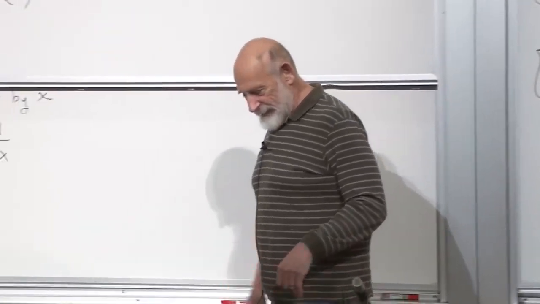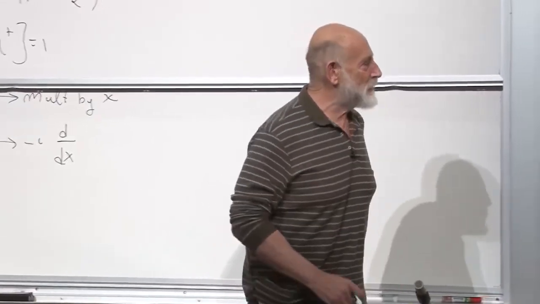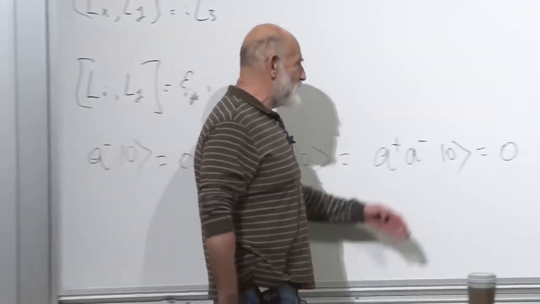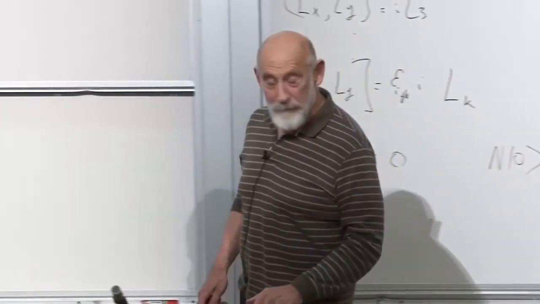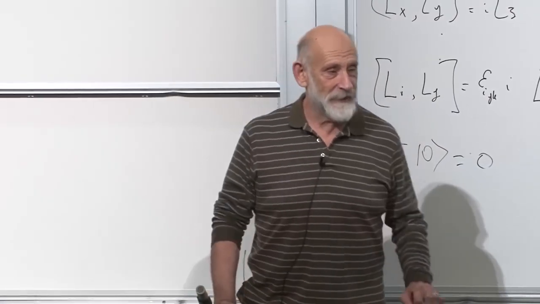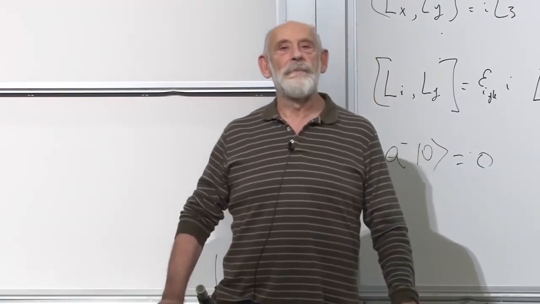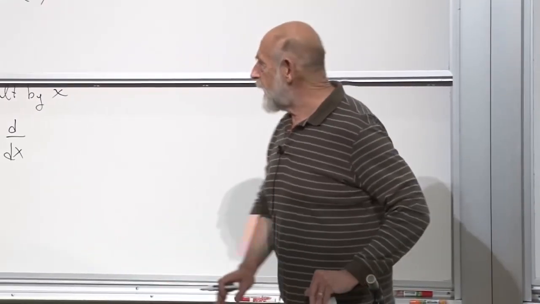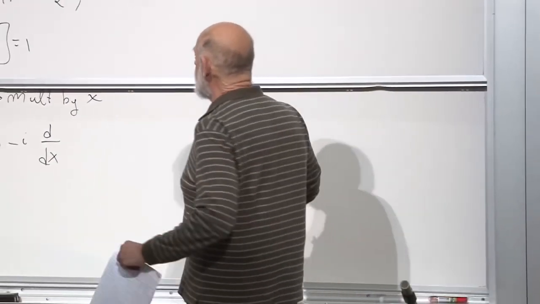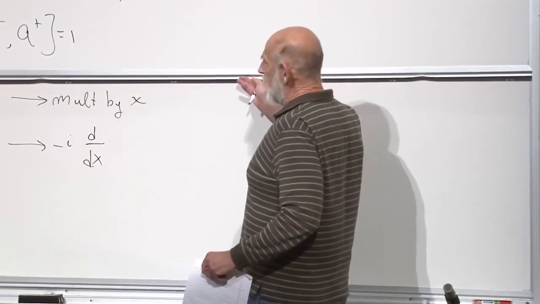In the abstract theory of vector spaces, you introduce a vector called 0, and it's sort of special. It's the only one that doesn't have a ket sign. But as you say, it is just another vector, a rather special one.